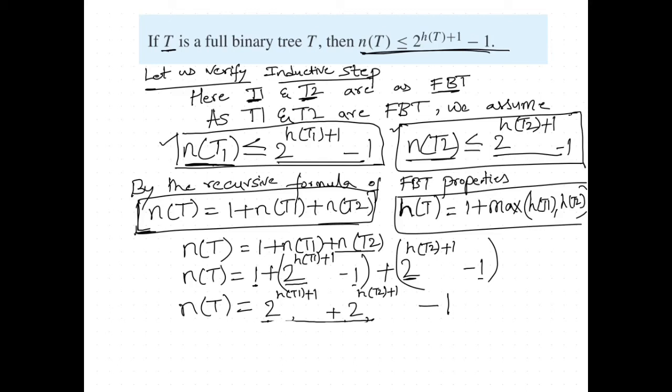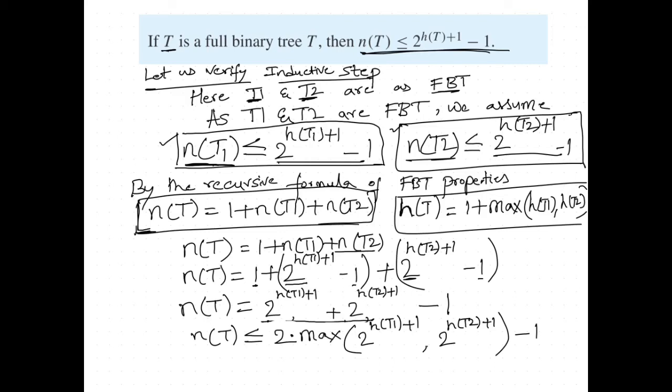So n of T, I am not writing equal to here again, because it is greater than or equal to, since I am changing the terms. I am writing 2 times max of 2 to the power of h of T1 plus 1, comma 2 to the power of h of T2 plus 1, minus 1. Yes, can I write like that? Yes, of course I can.